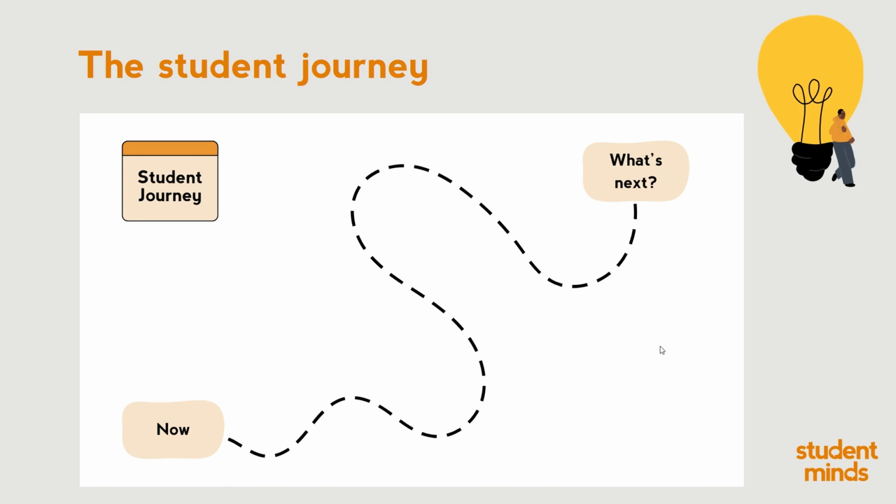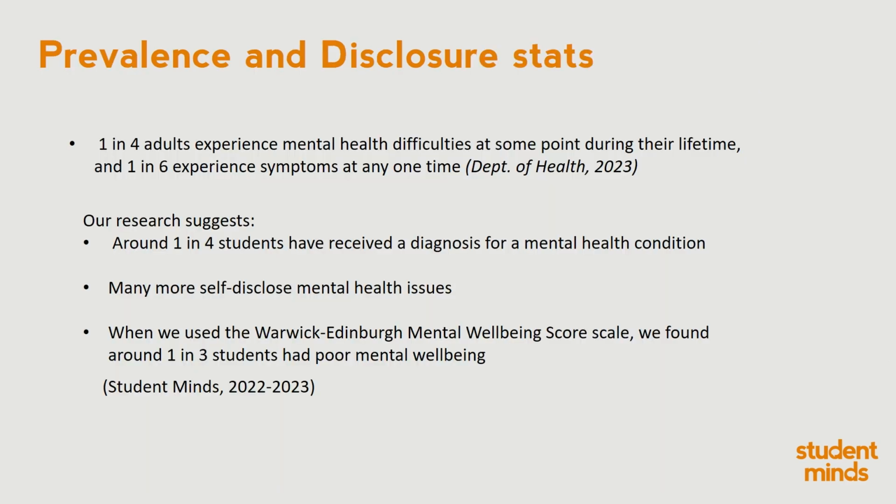Let's go on to looking at some prevalence and disclosure statistics. So we know that 1 in 4 adults experience mental health difficulties at some point during their lifetime, and 1 in 6 experience symptoms at any one time.